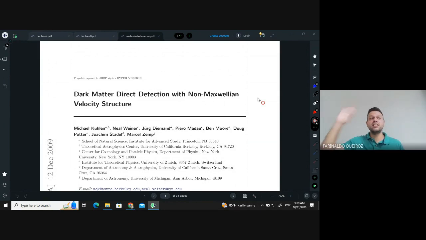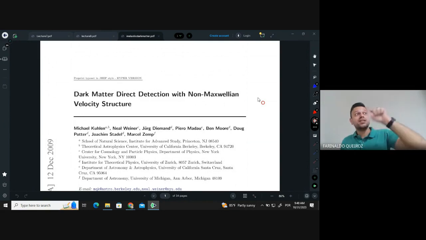The velocity distribution is not disconnected from the density profile. Actually, you have to feed in the velocity distribution to get the dark matter density. It's reasonable, because you have to know how these dark matter particles are moving to predict where they're going to accumulate and form structures. So one is connected to the other.